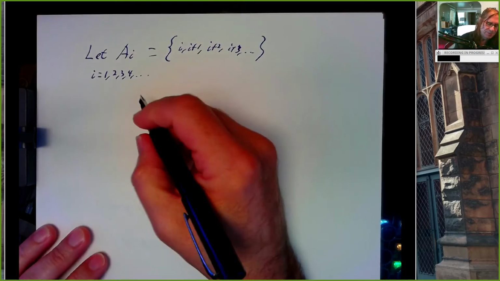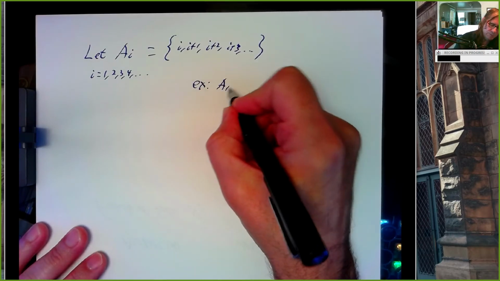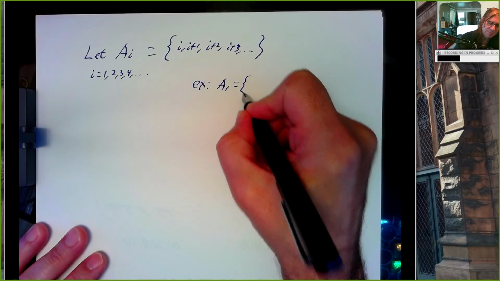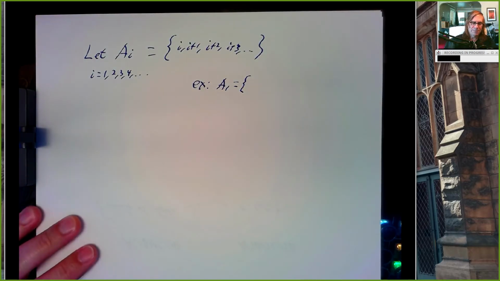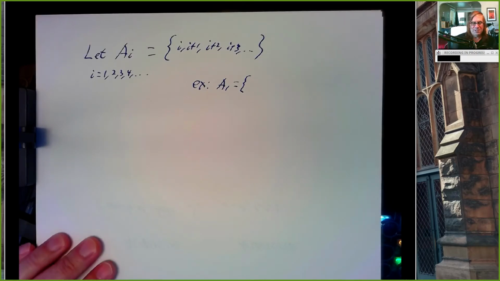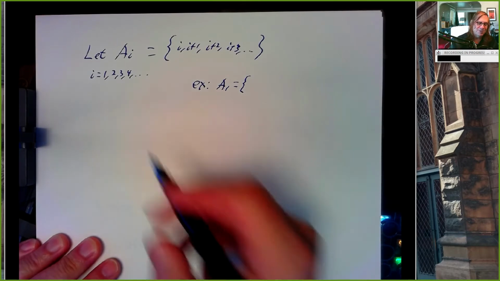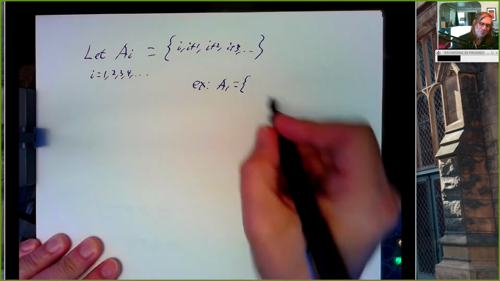So for example, what would be the elements in the set A1? It turns out to be all positive integers, right? A1 would be the set containing 1, 1 plus 1, 1 plus 2, 1 plus 3, and so on.